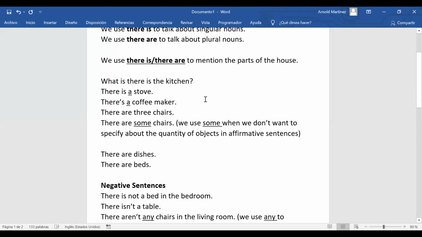Okay, this is the use of some. Look, in here I have, there are 3 chairs, correct. Okay, it is right. But also there are some chairs, cuando no quiero mencionar esa cantidad.